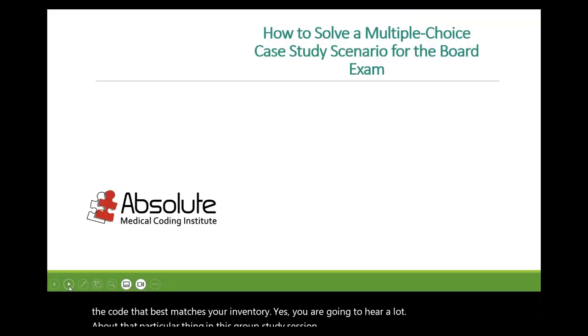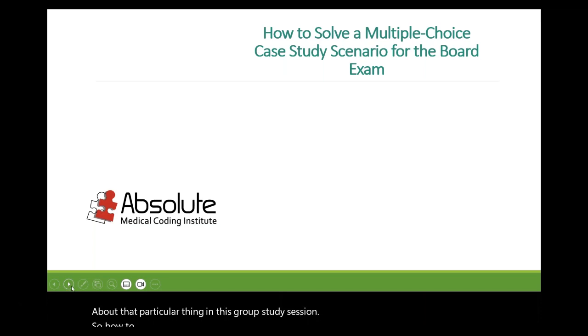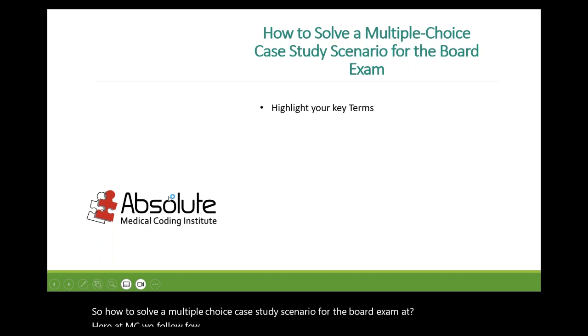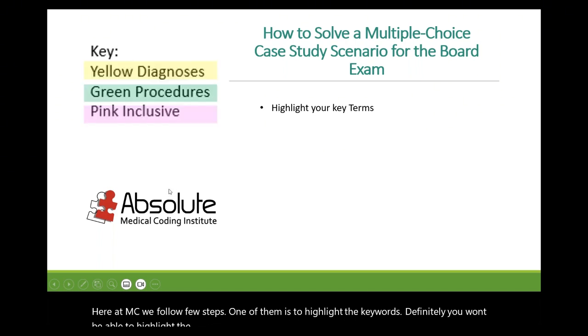So how to solve a multiple choice case study scenario for the board exam? Here at AMCI, we follow a few steps. One of them is to highlight the keywords. Definitely, you won't be able to highlight the keywords in the exam, especially if you're taking an online exam, but you can take a note of these keywords.